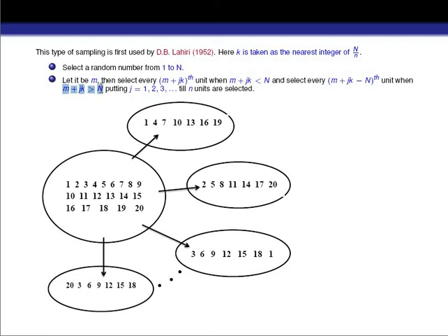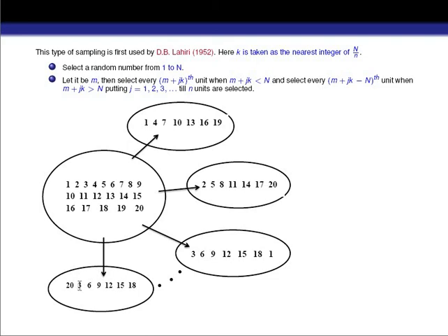Our m plus jk is greater than capital N, since 23 is greater than 20. So now we have to subtract 20 from that unit.